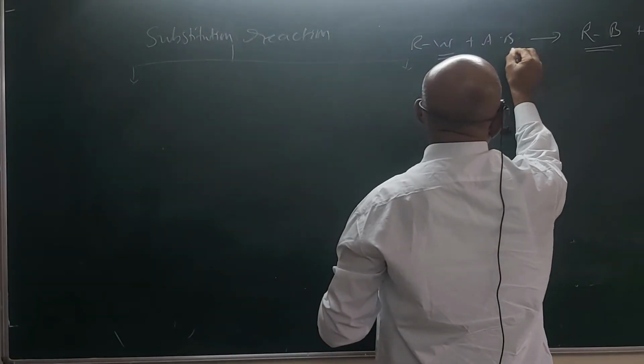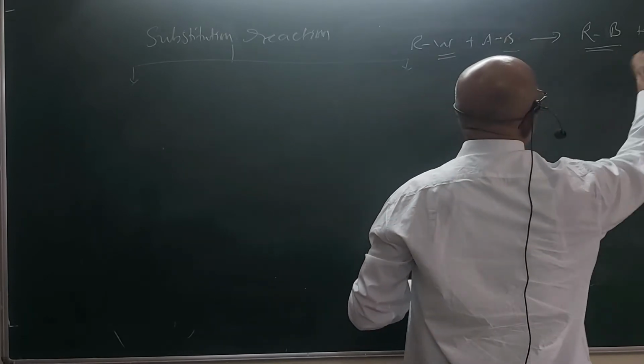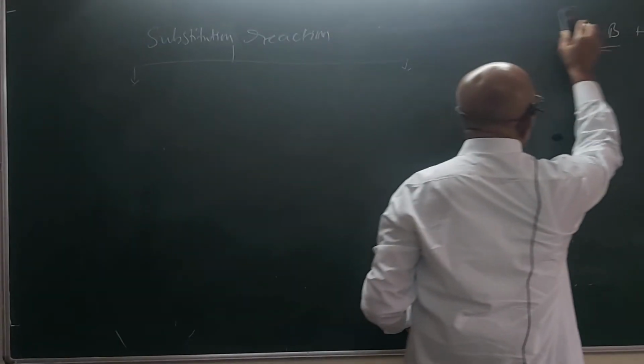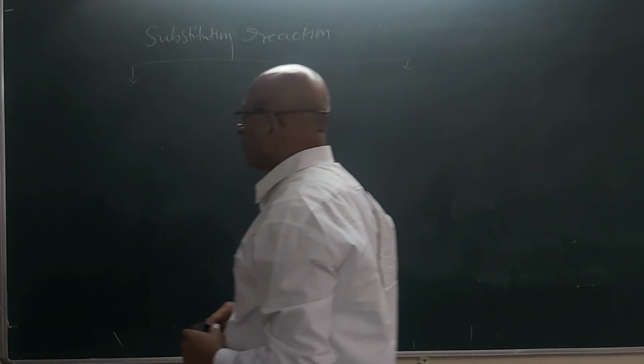Sorry, R-B plus W-A. So here W is substituted by B, and you get R-B as a product. This is a simple substitution reaction, where the atom or group of atoms from a molecule is substituted by another atom or group of atoms, and this gives rise to different types of substitution reactions.